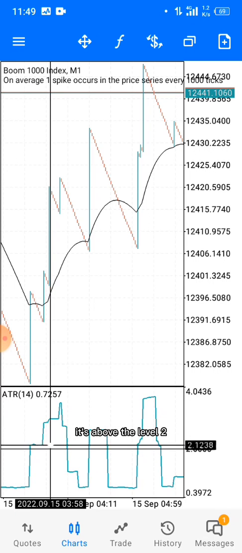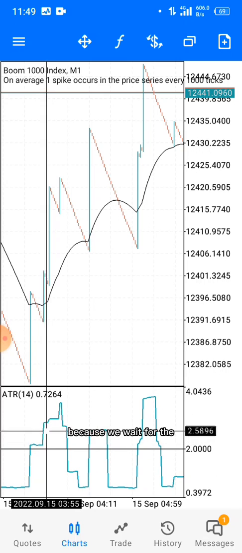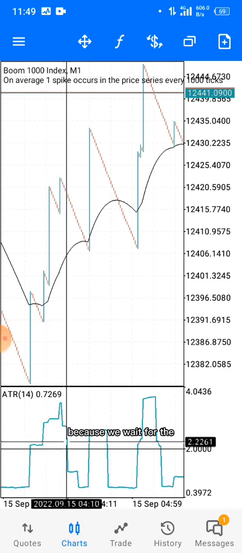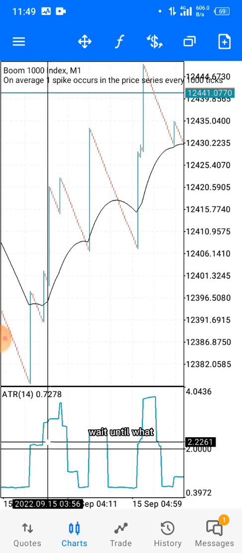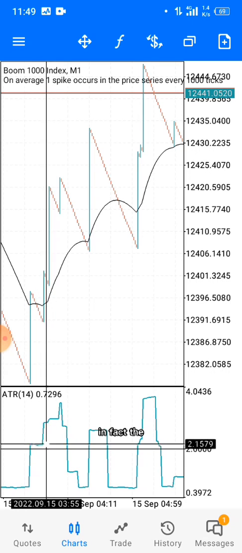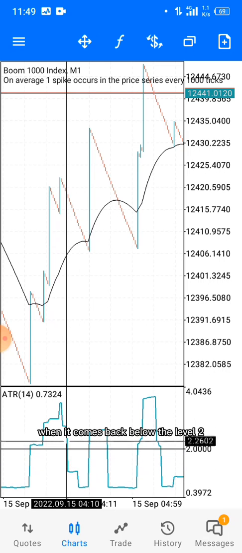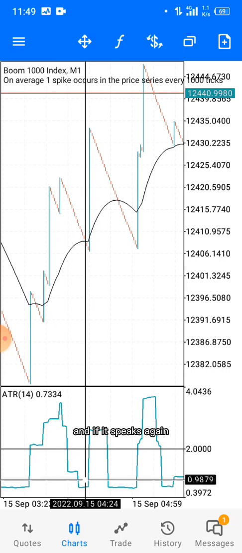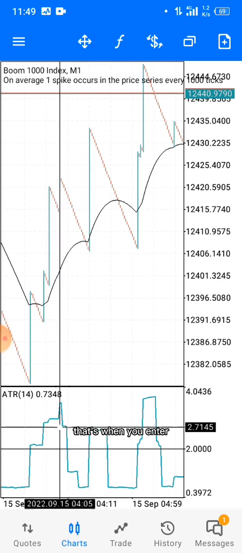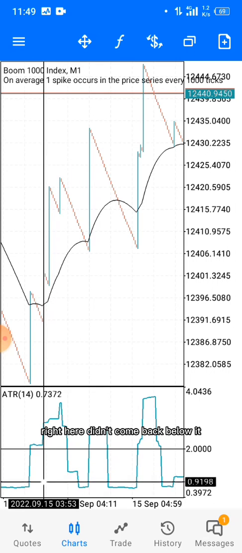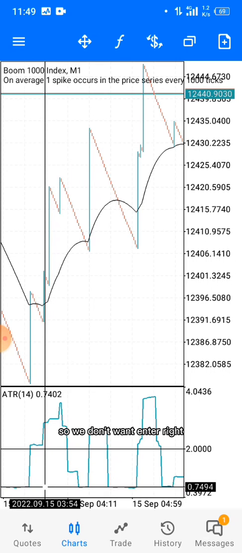It's above the level 2, but we don't enter, right? Because we wait until this line here on the indicator window comes back below level 2, and if it spikes again above level 2, that's when you enter. Right here it didn't come back below level 2, so we don't enter, right? That's another rule that we forgot to tell you, okay?